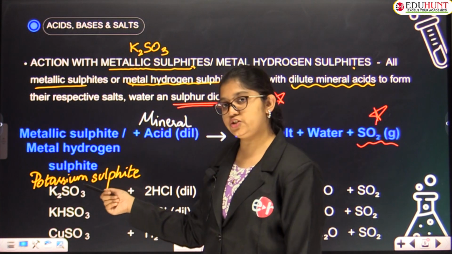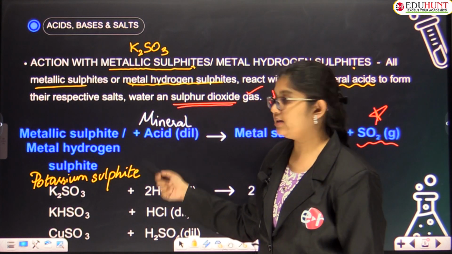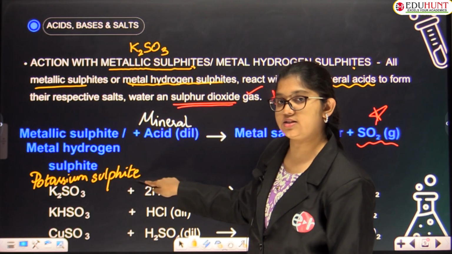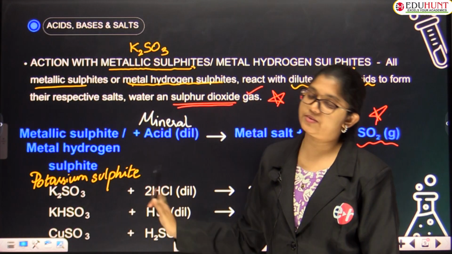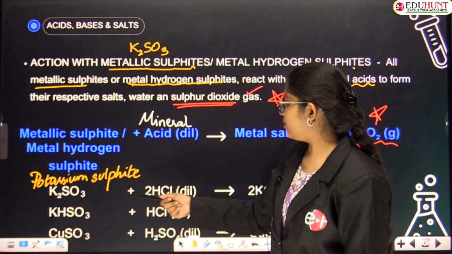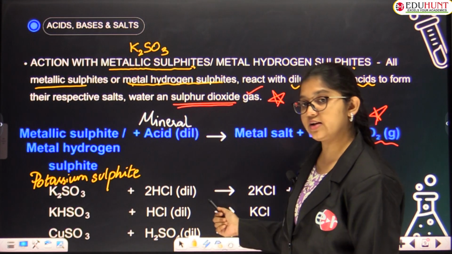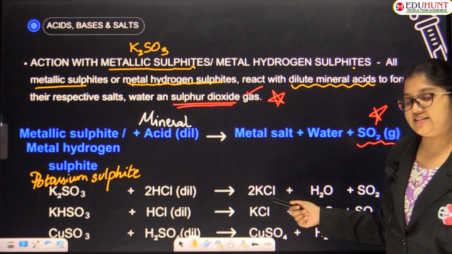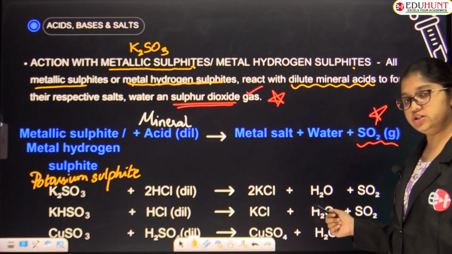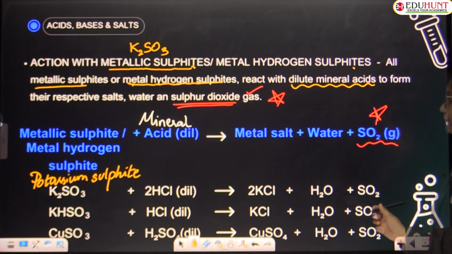Here it is potassium sulfite. K means potassium. Now, reacting with 2 molecules of hydrogen chloride in dilute condition giving rise to 2 KCl plus water plus SO2, sulfur dioxide.